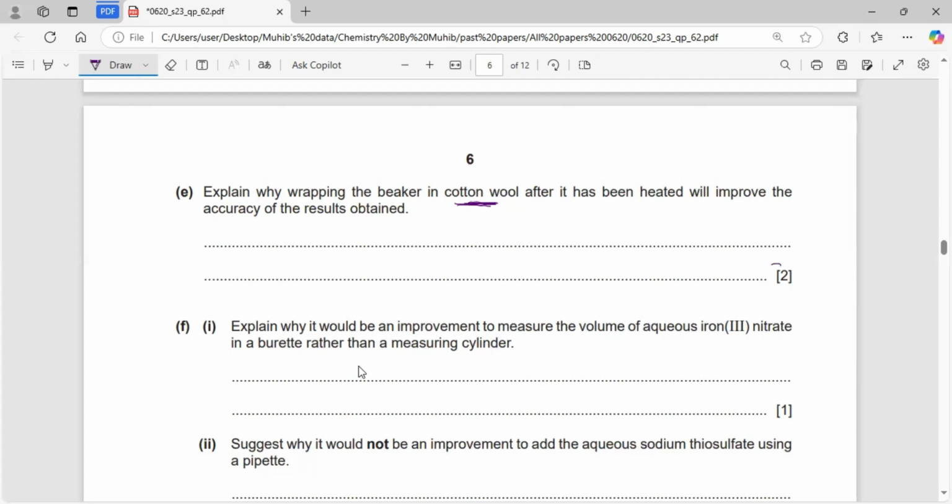So there are again 2 marks for this answer. The first mark will be for reducing heat loss or some sort of insulation. You can say that cotton wool will act as an insulator, right? This is 1 mark. And also remember, temperature changes will not be wider.